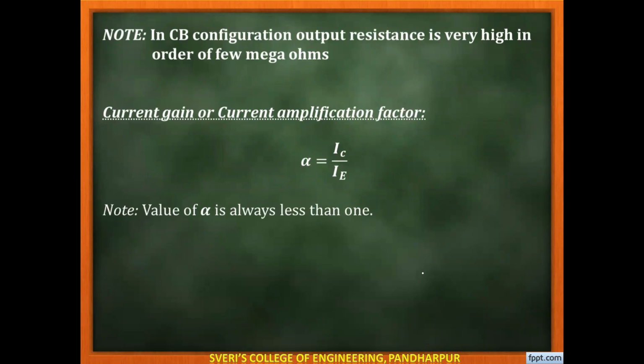and that is nothing but, as we know that the transistor is operated for one of the famous applications, which is amplification. And now see that the current gain or the current amplification factor in the common base configuration is denoted by the letter alpha, which is equal to output circuit current to the input circuit current.